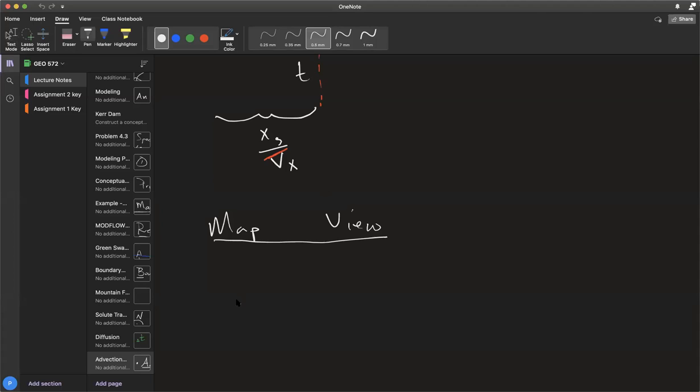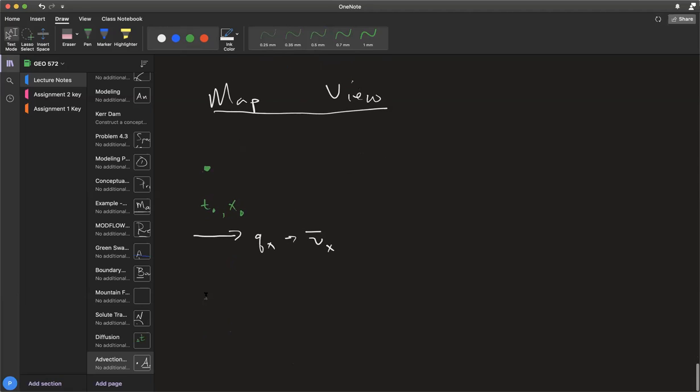Okay, so I lost some drawings. So recall that we're moving in a uniform groundwater flow field at Q sub X, which implies an average velocity V sub X, which is constant. And we're looking down in map view, and at T naught and X naught, we inject a small point of solute, right? This little dot.